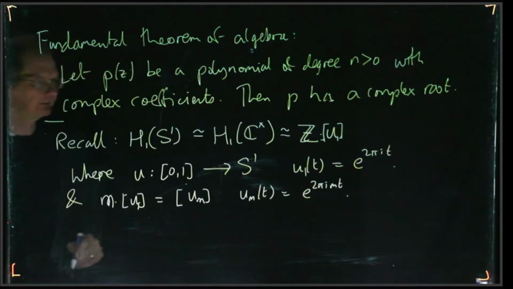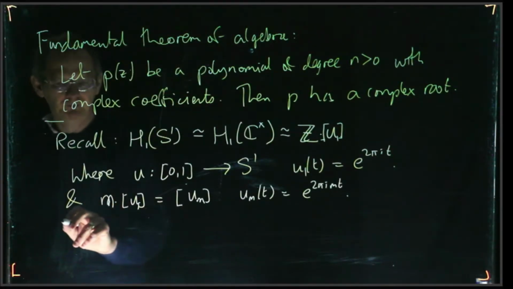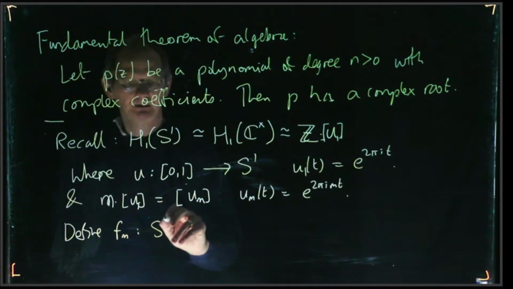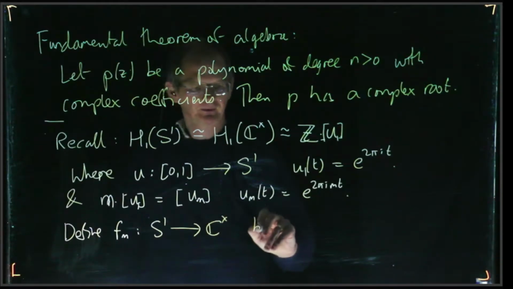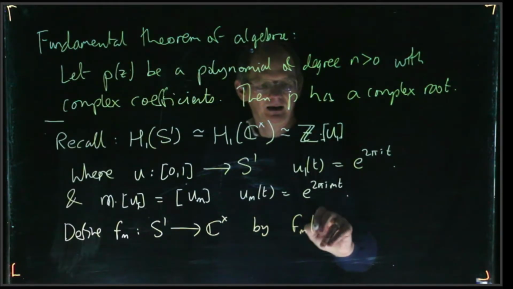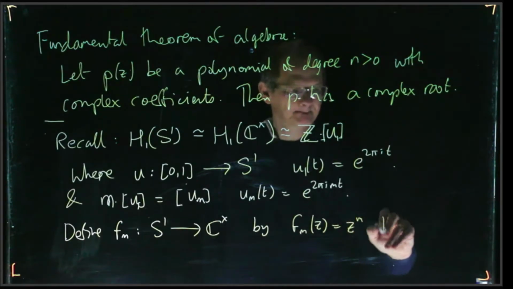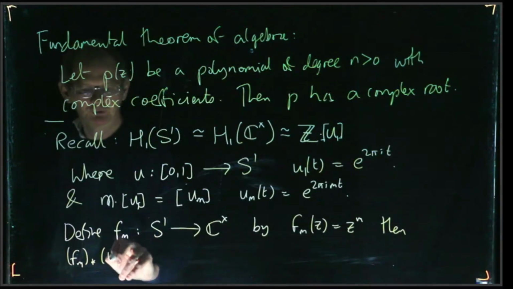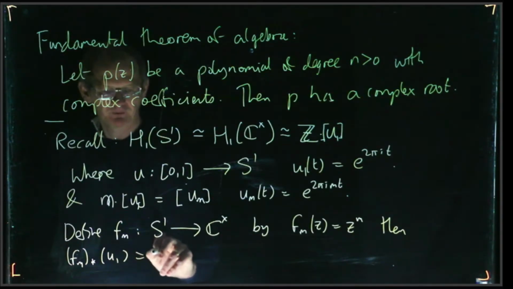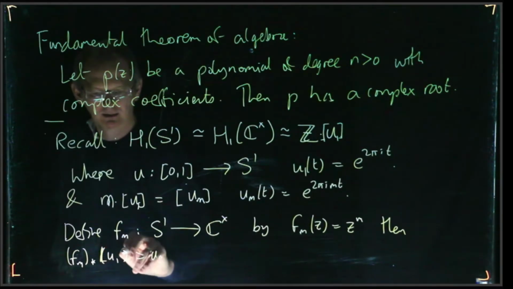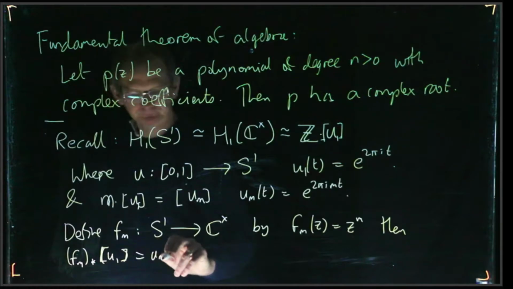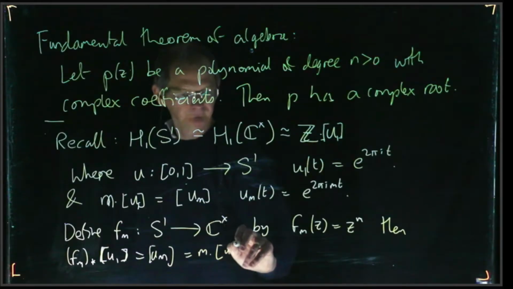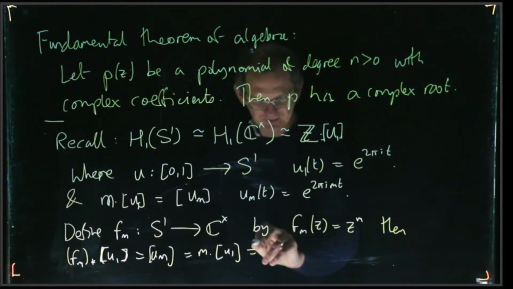Okay, and so in other words, if we define Fm from S1 to the non-zero complex numbers by Fm of z is z to the m, then we see that Fm lower star of square bracket u1 is square bracket um, which is m times the square bracket u1, and the main thing we just need is that it's not 0.